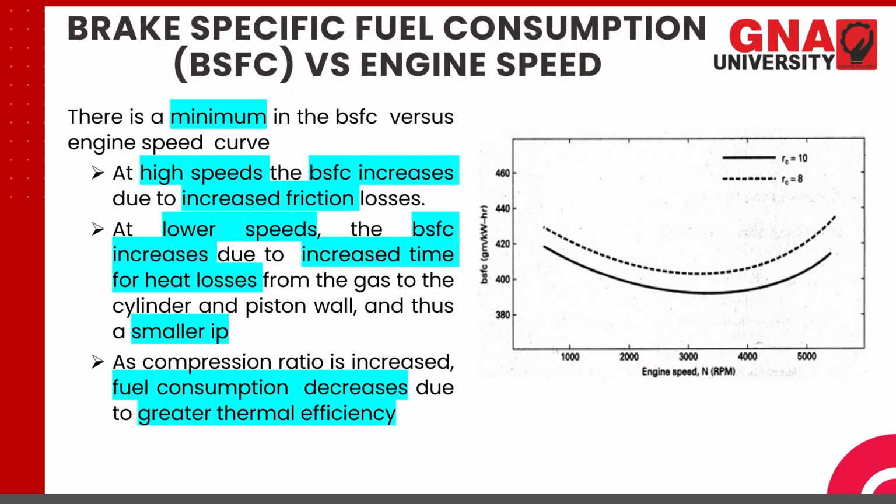Whereas when the speed is higher, the piston moves with a greater speed and hence the friction is more. So frictional power increases. So at high speed, the fuel consumption increases due to the increase in friction losses, whereas at lower speed, the BSFC increases due to the increase in heat losses.